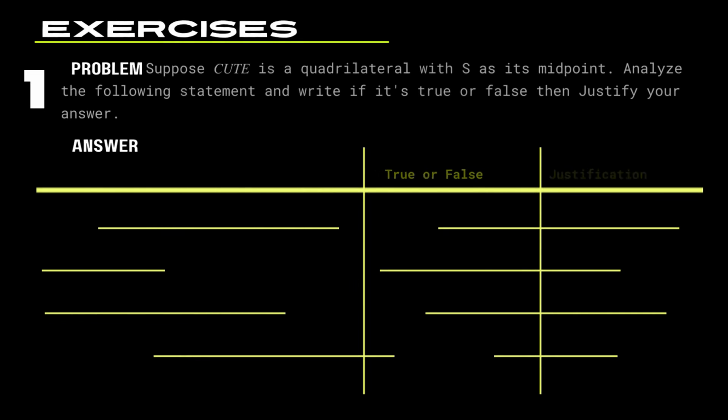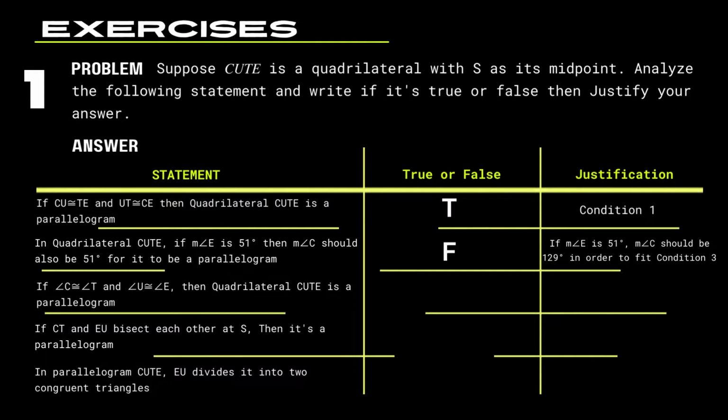Therefore, statement 2 is false because if the measurement of angle E is 51 degrees, then the measurement of angle C should be 129 degrees for it to be a pair of consecutive angles that are supplementary to 180 degrees.